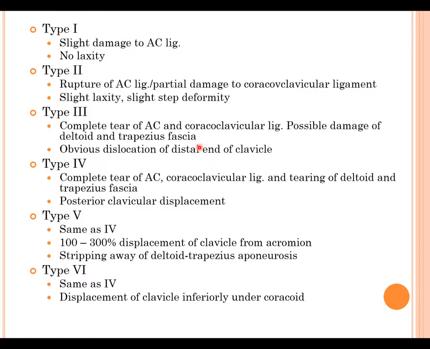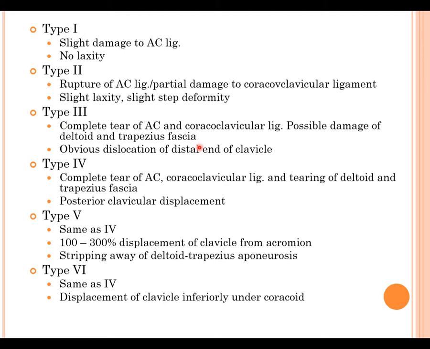Like I said before, there are different grading scales for AC sprains. We tend to focus on grades 1 through 2 and 3. There are 4, 5, and 6. We don't really talk about those, but they're just worse degrees of 3. So 3 is your complete rupture of your AC ligaments and your coracoclavicular ligaments. As we go down to 4, 5, and 6, then we start seeing fascia that's torn, possibly the fascia that's attached to the muscle.